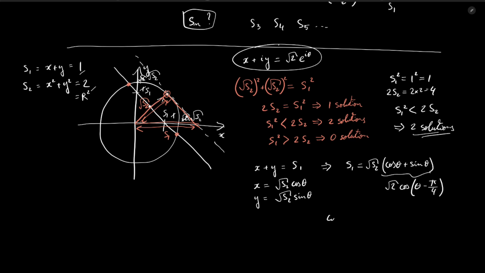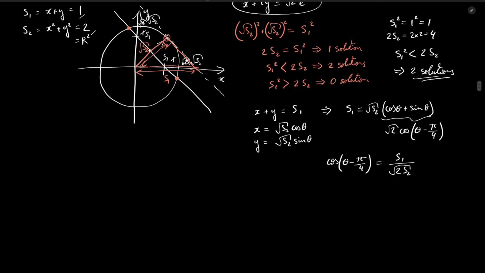So in other words, cosine of theta minus pi over 4 is equal to S1 divided by the square root of 2S2. In other words, theta is equal to pi over 4 plus or minus arc cosine of S1 divided by the square root of 2S2. And this plus or minus actually represents the two possible solutions.